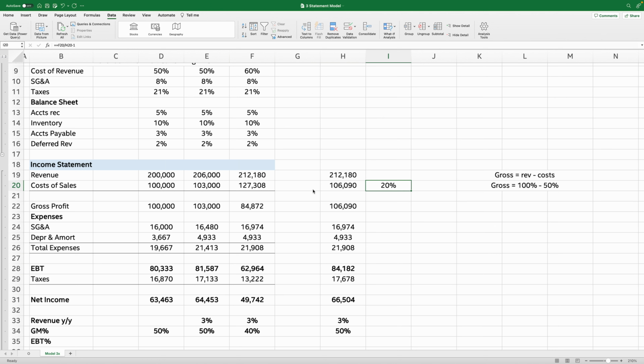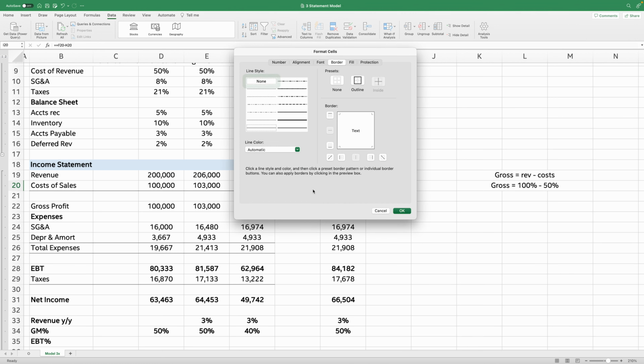That's the change between these two. We increased it 10%, but the change between the old one and the new one is 20%. What else changed? Gross profit decreased. How much did gross profit decrease by? 21,218. And the cost increased by 21,218.